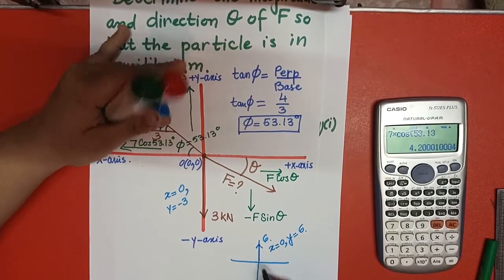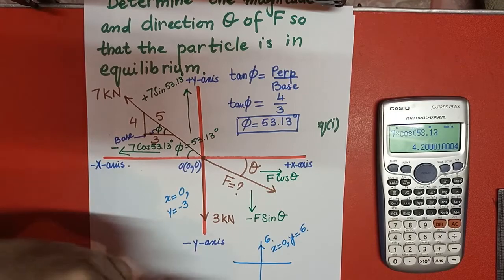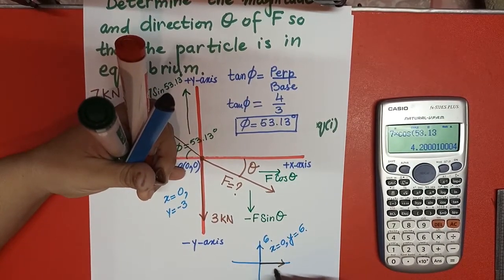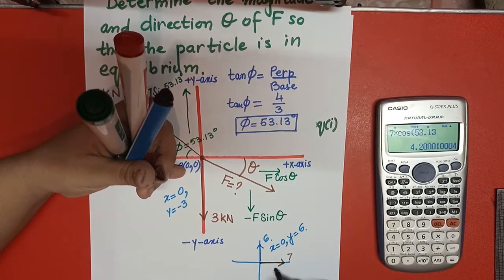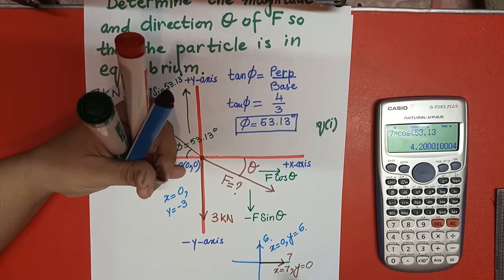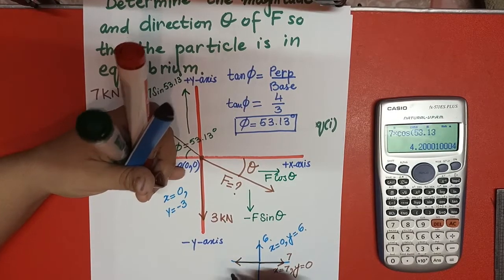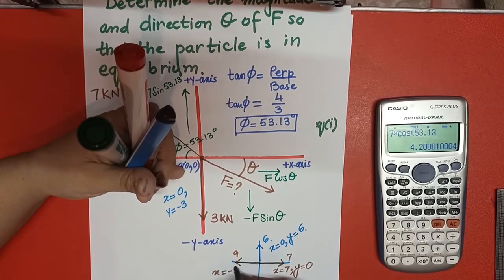If the force lies on the positive x-axis, its y component should be 0. If the value is 7, then x equals 7 and y is 0. And the same goes for the negative x-axis: if the value is 9, x equals minus 9 and y equals 0.